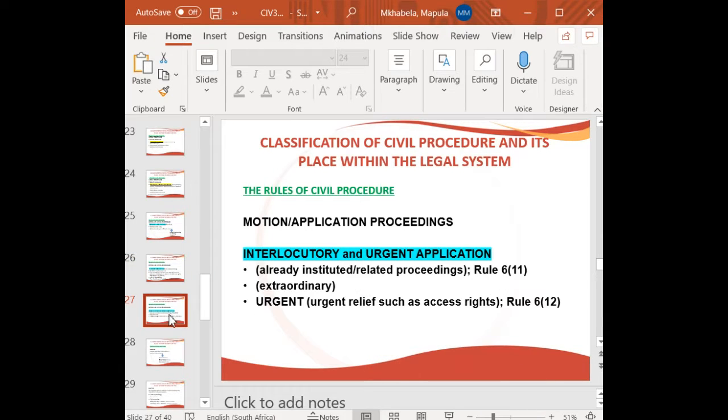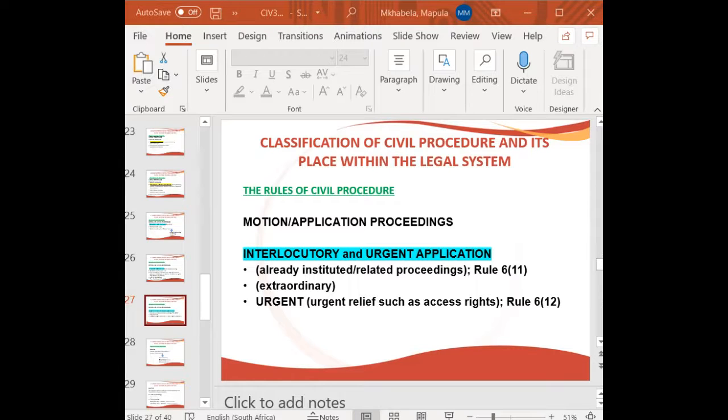The interlocutory and urgent application takes place based on a fact contained in a supporting affidavit on the proceedings that has already commenced, ladies and gentlemen, which relates to matters before court.